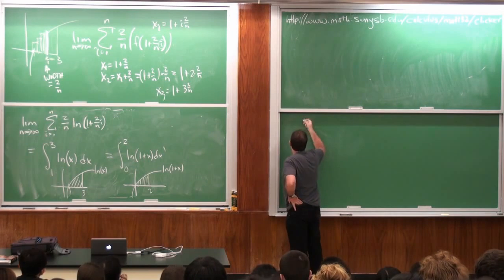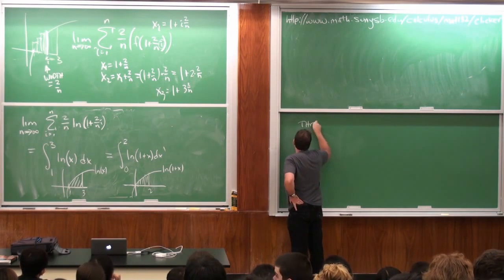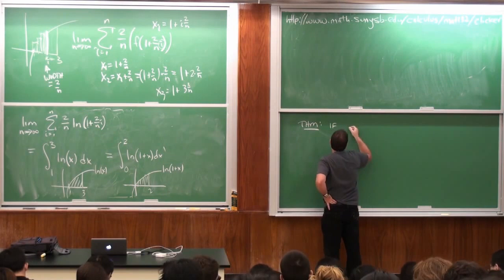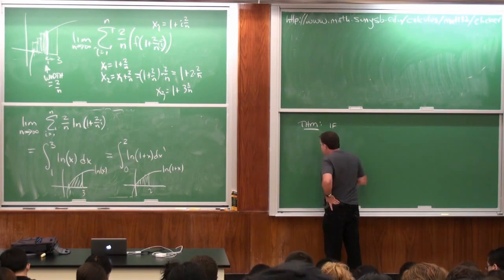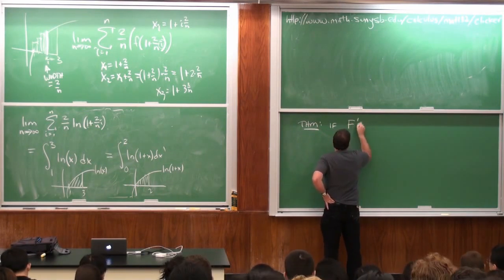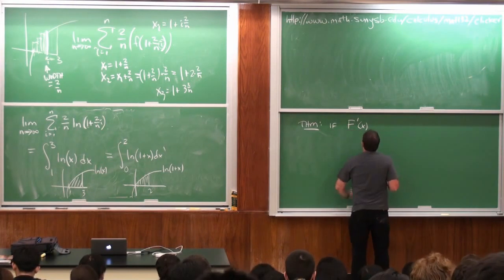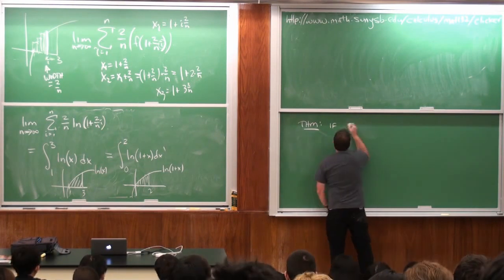So here's a theorem which says that if, let me use f and g, so let's use g.